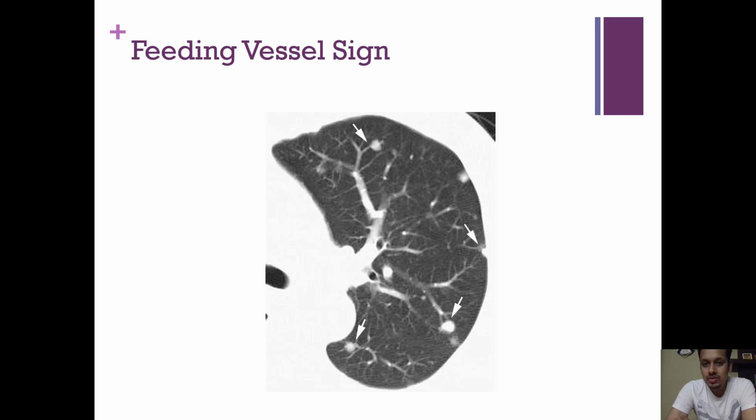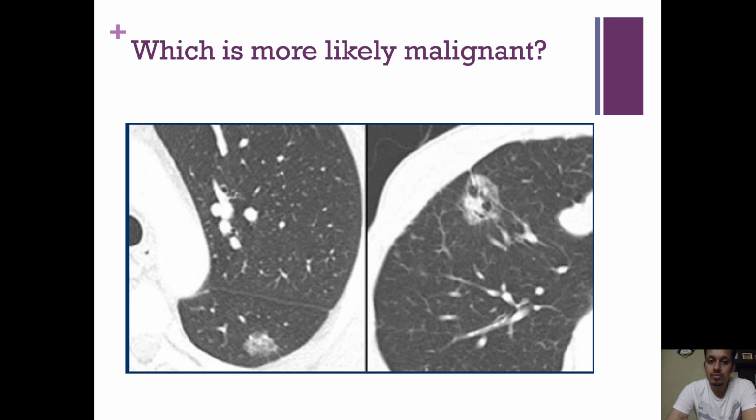This lesion, although it is not classical, is not a solitary pulmonary nodule. There are multiple pulmonary nodules, but I thought this CT was very informative. You can see the pulmonary vessels feeding this nodule, which makes it highly likely that these lesions are malignant. So here in this case, probably we would think about a malignancy and a metastasis to the lung, since it is multiple in number.